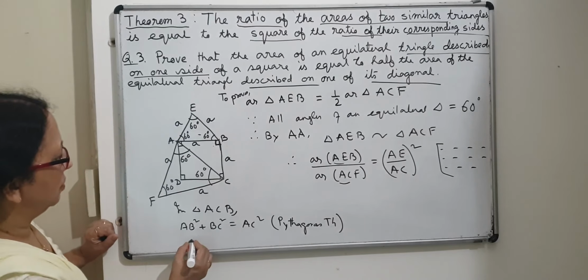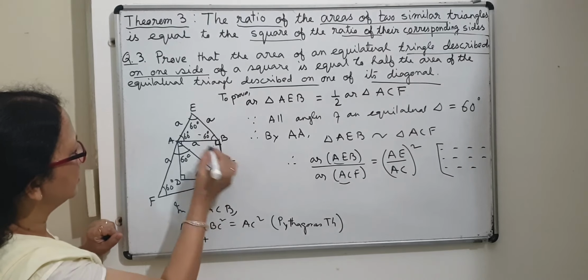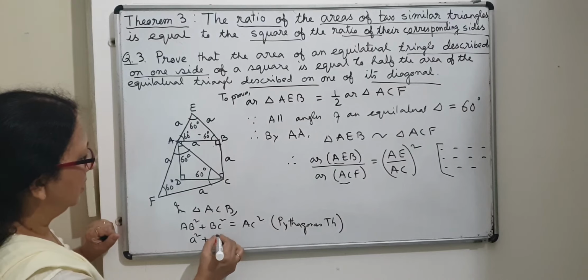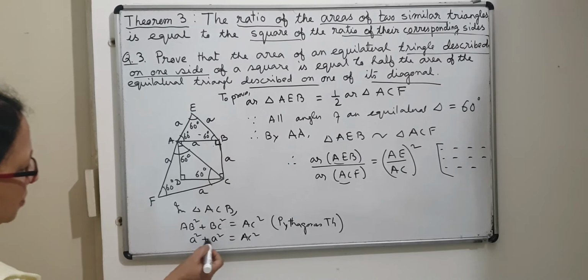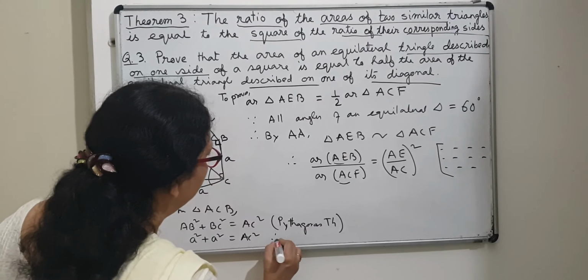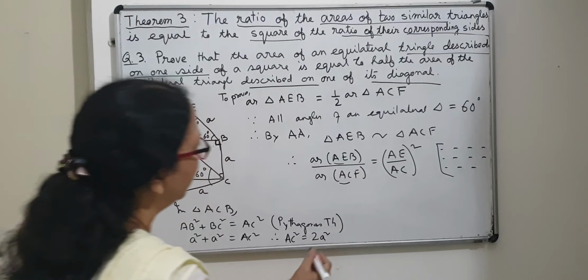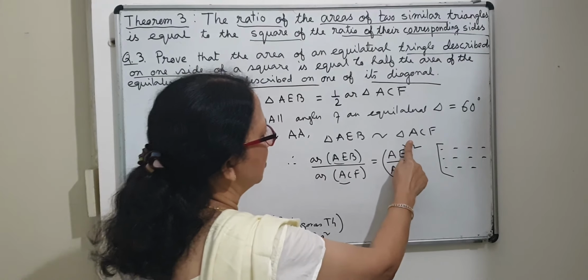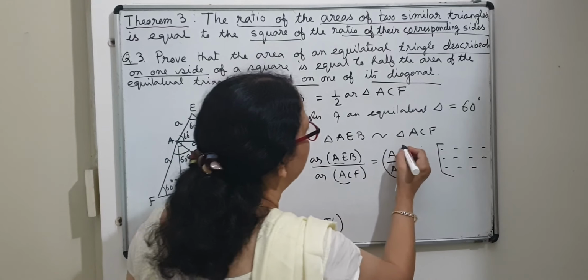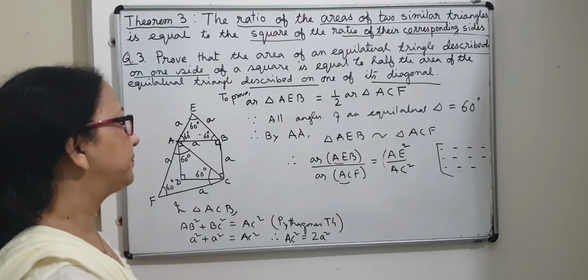AB is A, BC is also A. So AC square is 2A square. Let me keep it in this form, because I can write A square by AC square inside; it's all the same.